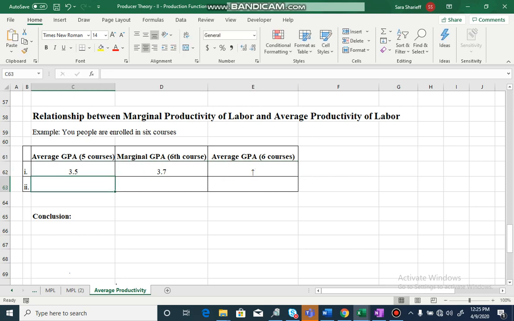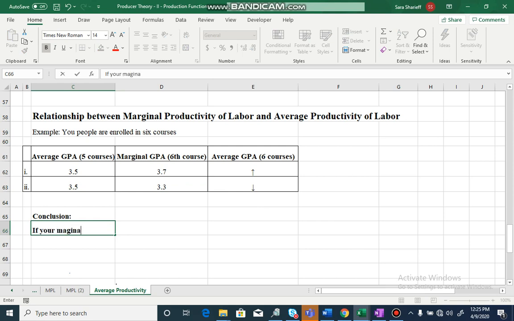Let's assume another situation. Let's say your average GPA in 5 courses is 3.5. You're waiting for the result of the 6th course, and let's say your marginal GPA turns out to be less than 3.5, let's say 3.3. What will happen to your average GPA of 6 courses? It is going to decrease. That's what will happen, right? What is the conclusion? This is a very important conclusion.